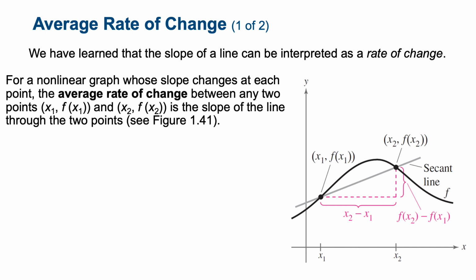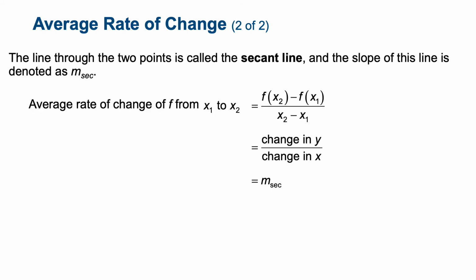So you have the change in y, f of x2 minus f of x1, or y2 minus y1, over the change in x. So the average rate of change is f of x2 minus f of x1 over x2 minus x1, and that's change in y over change in x. In other words, the slope m of the secant. You put a little SEC to denote that it's the secant line you're finding the slope of.